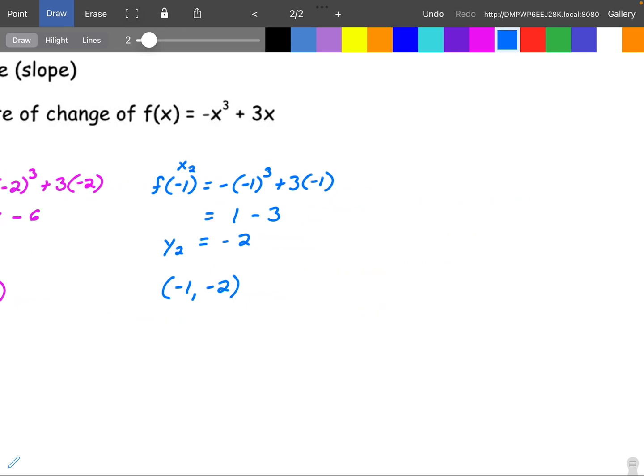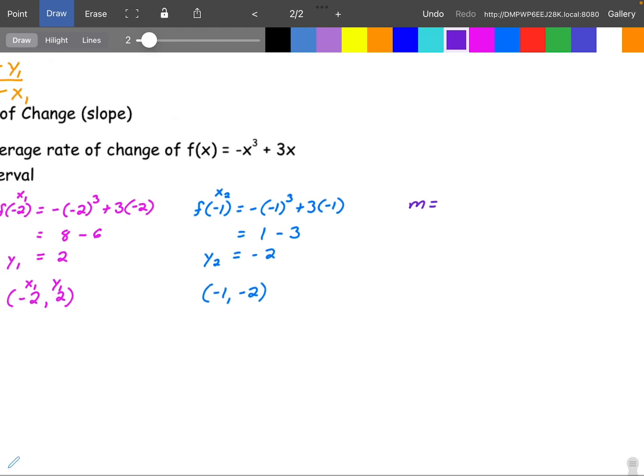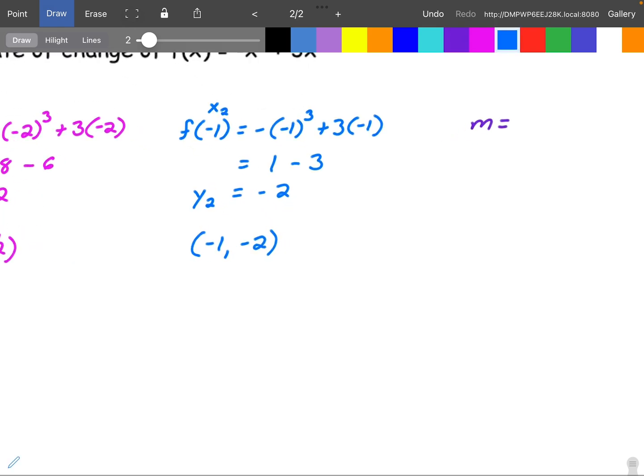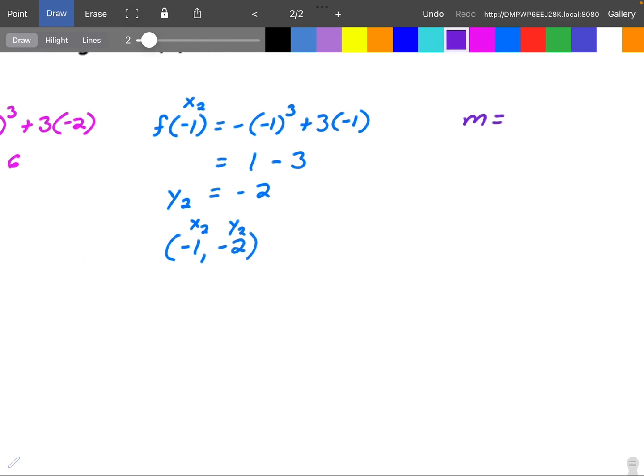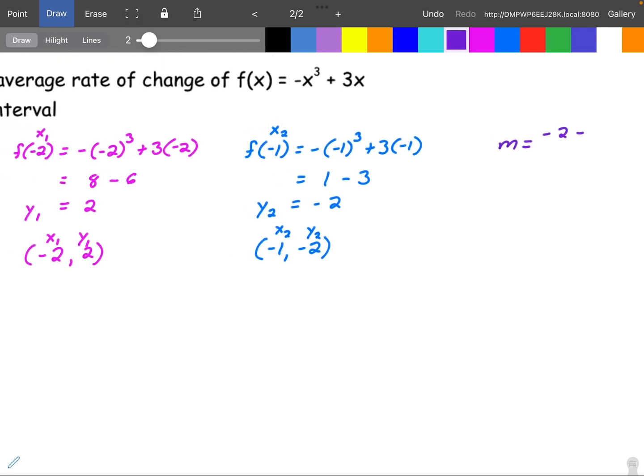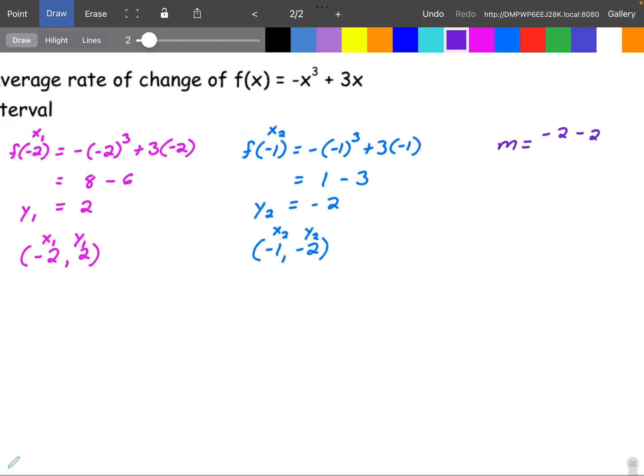So now that I have my 2 points, I need to find my slope. So using my basic slope formula, m equals y2 minus y1 over x2 minus x1. Let me label these, x2, y2. Okay, so I have y2, which is negative 2, minus y1, which is 2, divided by x2, which is negative 1, minus x1, which is negative 2.